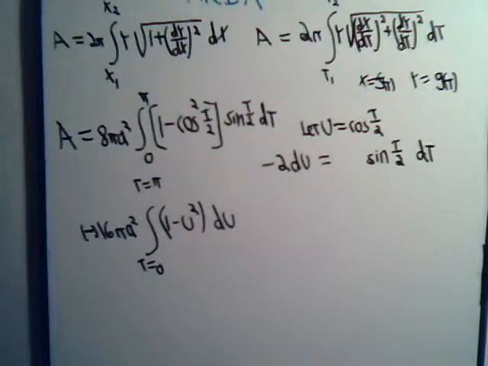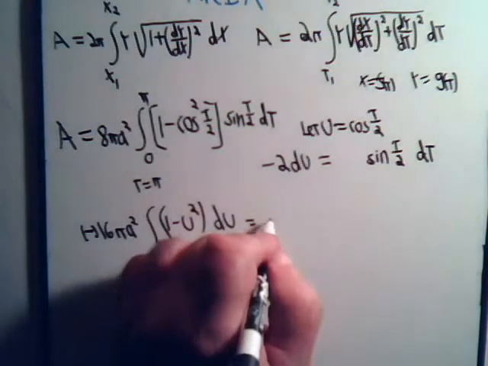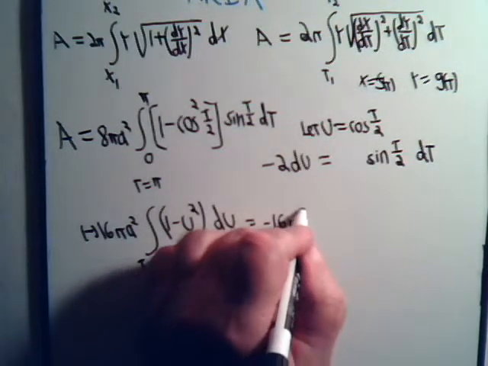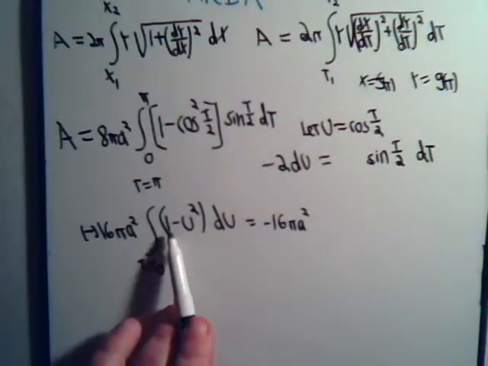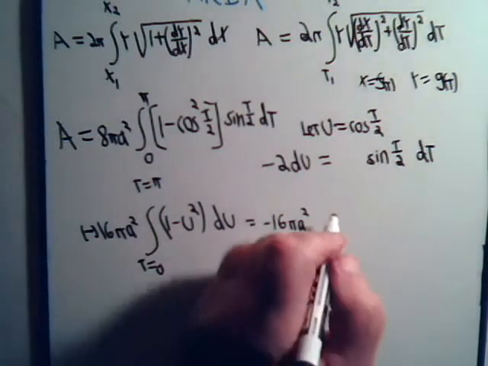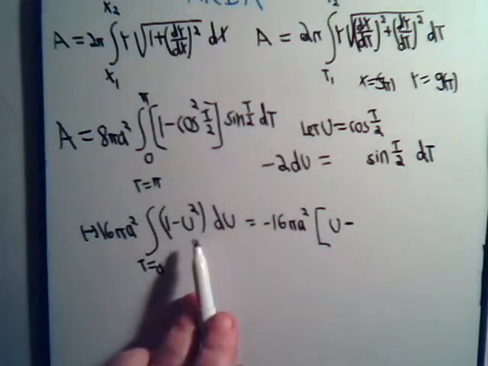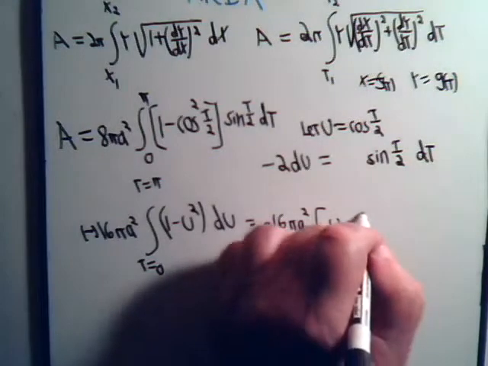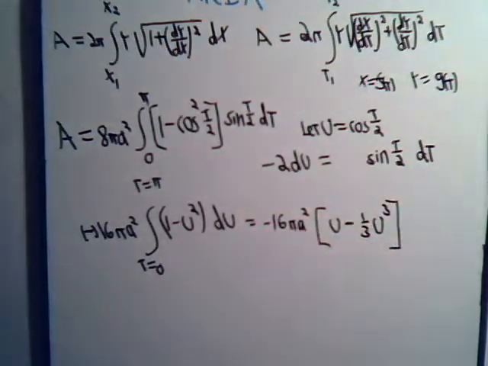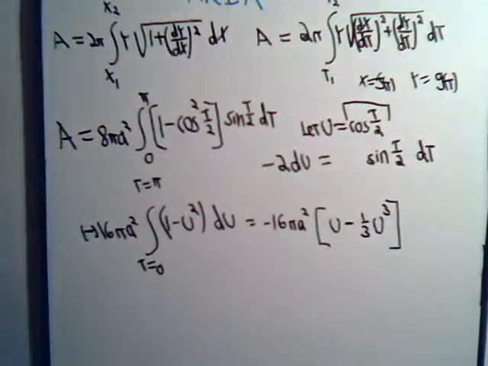So, let's see. This should be equal to minus 16 pi a squared, and this would be du, that would be u minus u squared, that integral would be 1/3 u cubed. And we have to remember now, this is what u is.